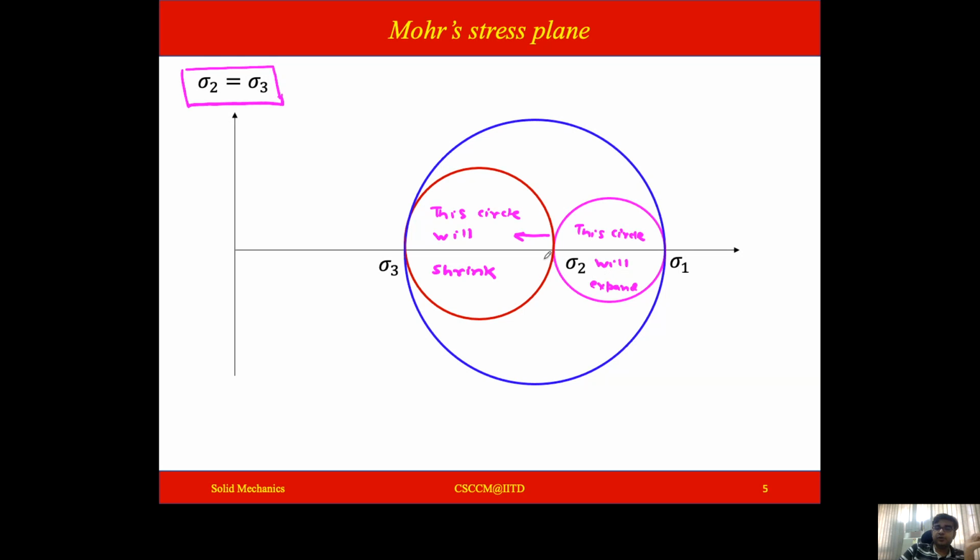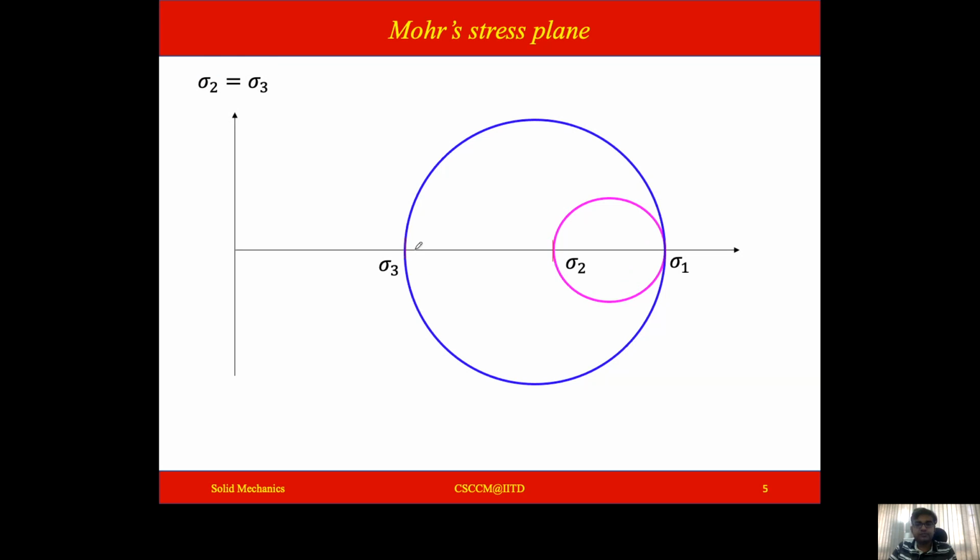And in the limiting condition, what will happen? This sigma 2 will come here. So in the limiting condition, this circle has shrunk, and this circle will coincide with the larger circle. So now this is my sigma 2 comma sigma 3. This point does not exist.